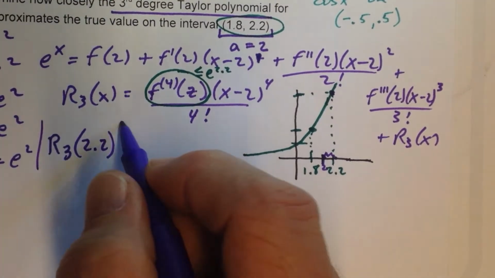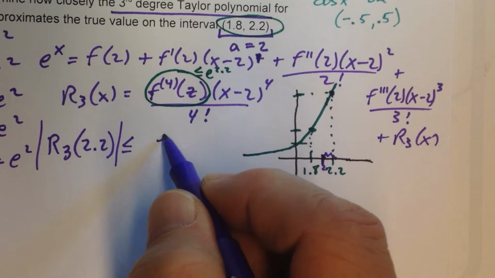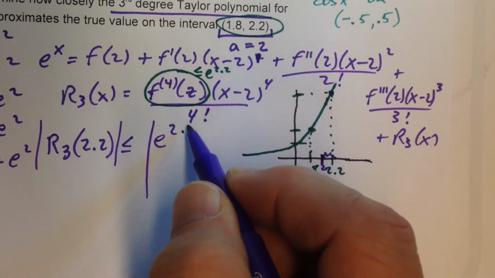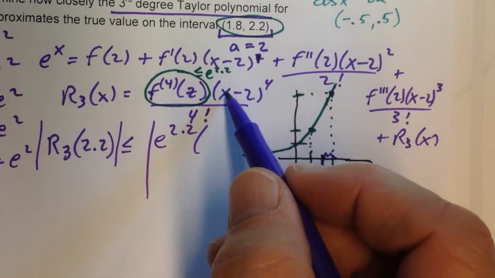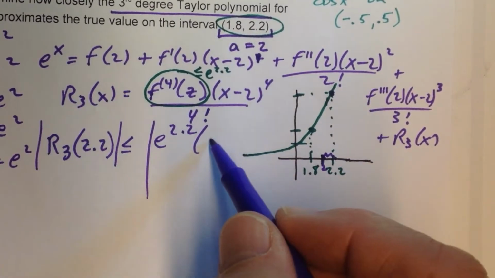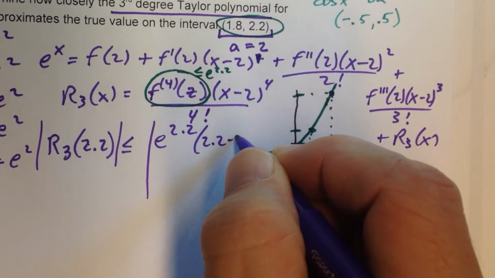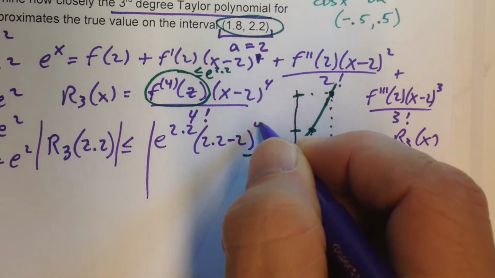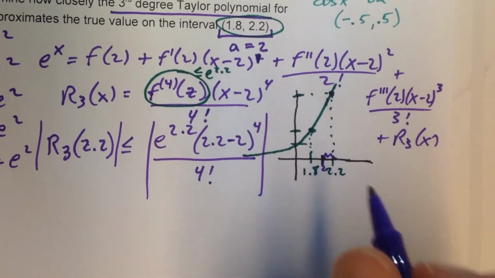So the absolute value of R3 is less than or equal to e to the 2.2 multiplied by 2.2 minus 2, raised to the 4th power, all over 4 factorial.